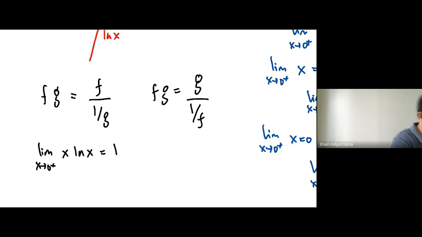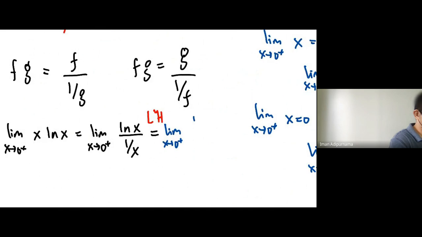We can make it ln x divided by 1 over x. If we do this, this seems infinity over infinity, and it seems that we can make our L'Hopital process. Take this L'Hopital, and we can have 1 over x, and then negative 1 over x squared.